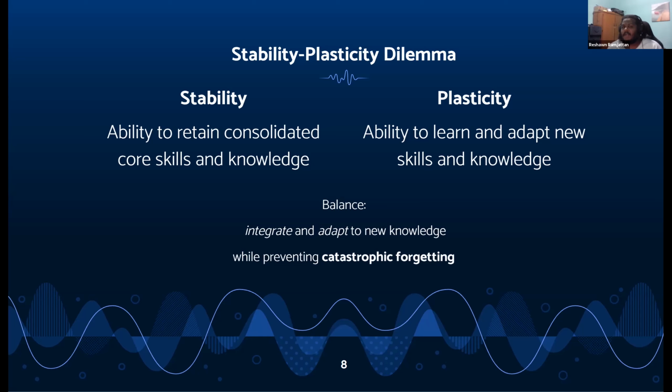However, while learning these new things, there's the risk of causing the loss of previous or important information or knowledge. And this is called catastrophic forgetting. And it's the main reason why this balance is so important.